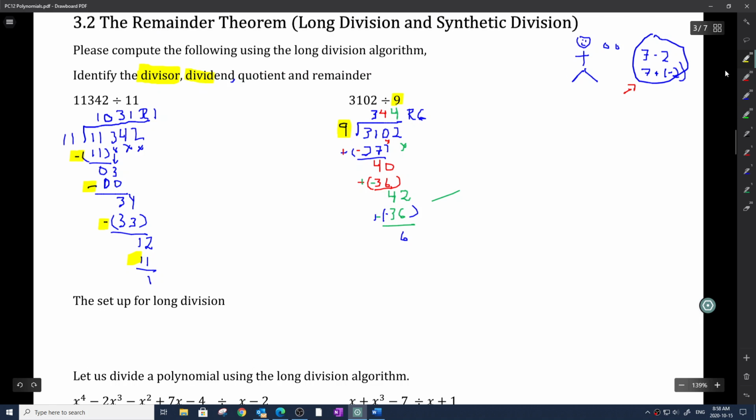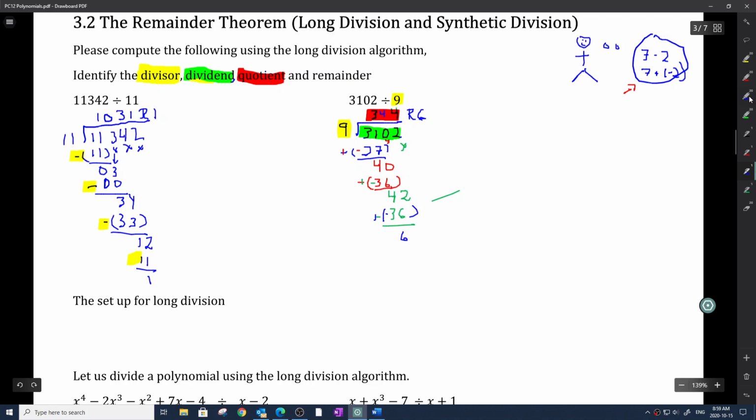Good question. What is the dividend? Highlight that in green. The dividend is just simply the number under here. Please note this down. The quotient is this result up here. And I believe that was a 4 there.